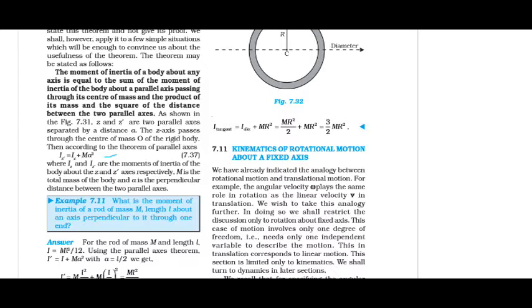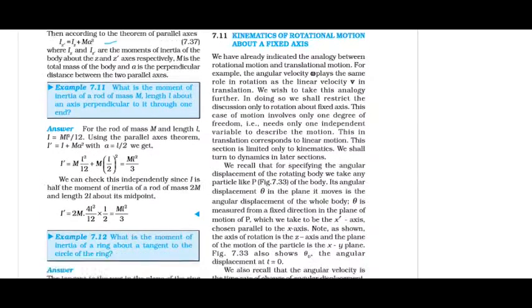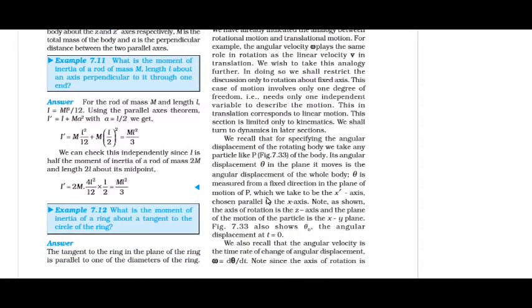Now let us see a few of the numericals. Numerical example 7.11. What is the moment of inertia of a rod of mass m, length l, about its axis perpendicular to it through one end?